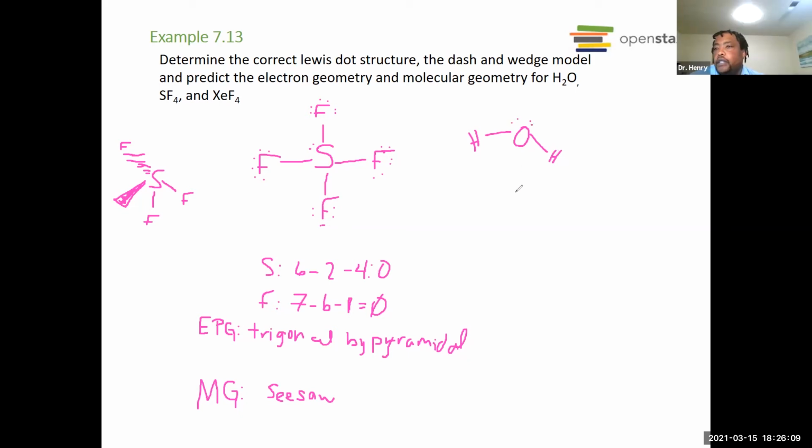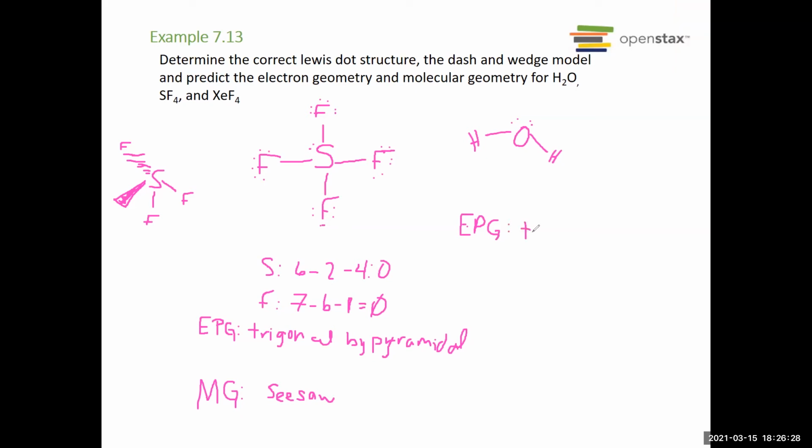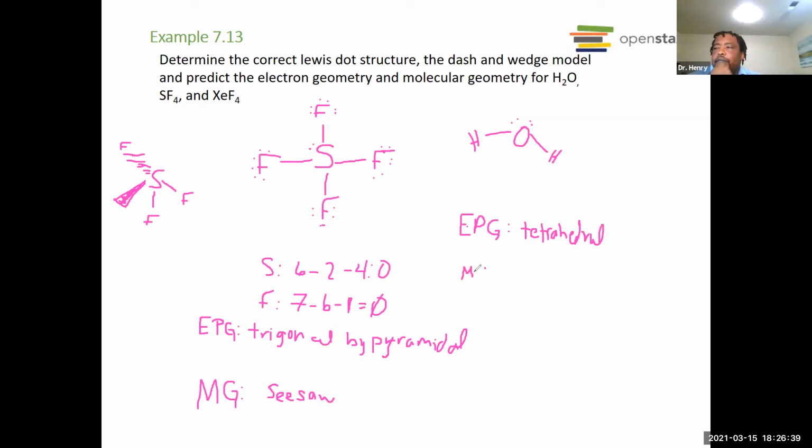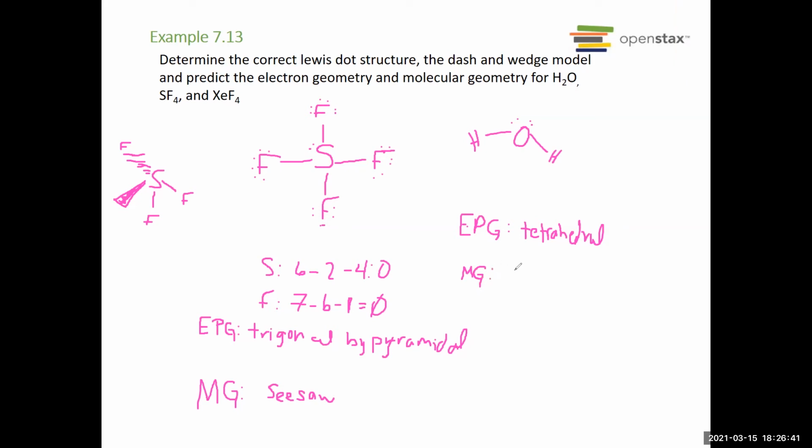Okay, 2 lone pairs. So our EPG is going to be tetrahedral. Our MG, bent. Okay, and so it's going to look like this.